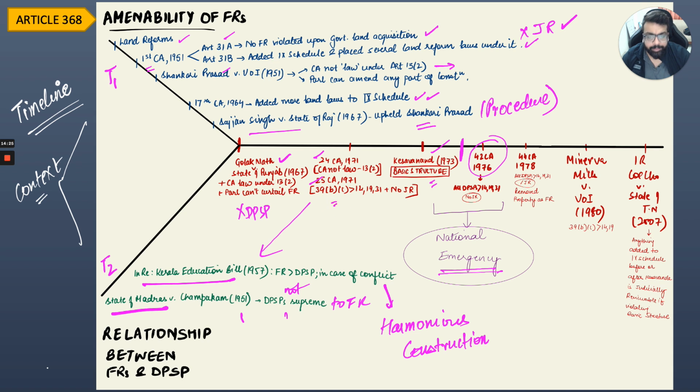The 25th Amendment categorically was a pushback from the government, where they said two directive principles are under 39B and C, which is equal distribution of resources and prevention of concentration of wealth. If the government is doing anything to implement these two directive principles, and your only objections are Articles 14, 19, and 31, then these objections will not hold valid, and there is not going to be any judicial review on this.